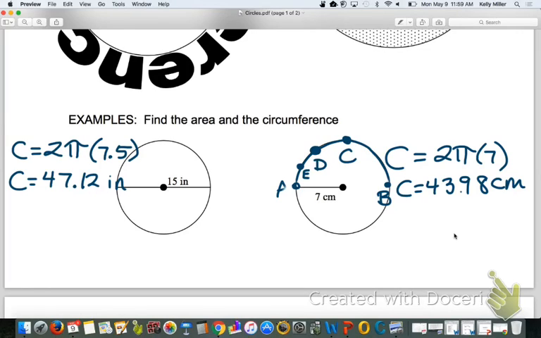Half of the circle, I multiplied it by a half, or divided by 2. A quarter of a circle, I'm multiplying the circumference by 1/4. 1/8 of a circle, I'm multiplying it by 1/8. Where do those fractions come from? How many degrees is it from A to B? 180. 180 divided by what number is 1/2?